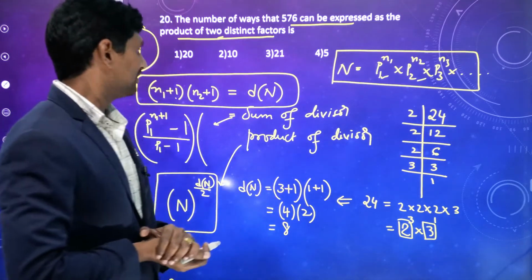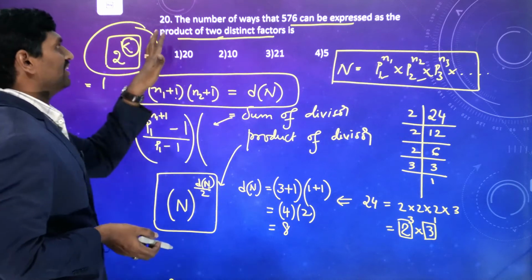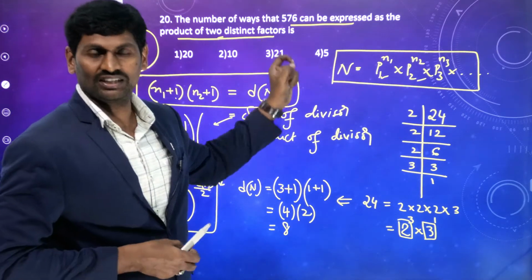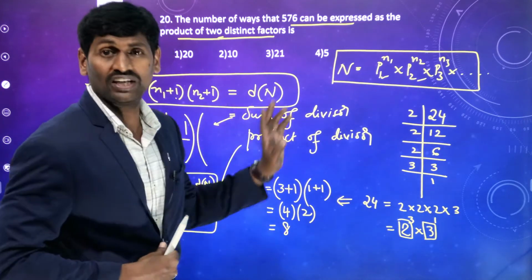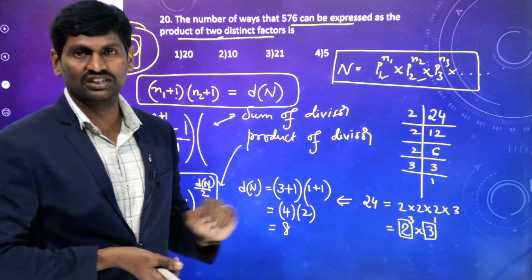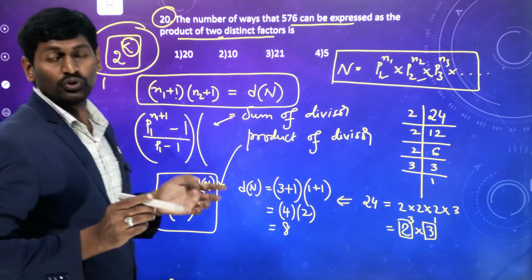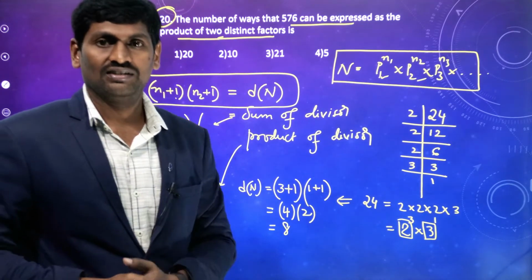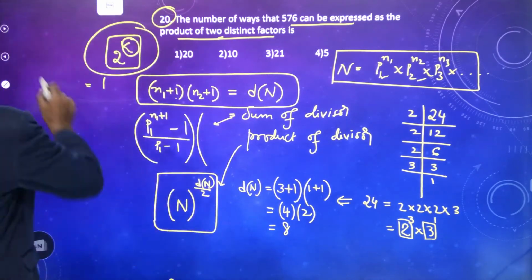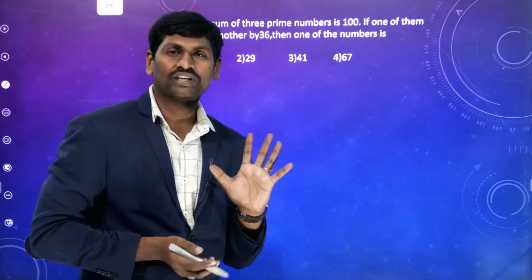So by using these contents, we find the number of factors or divisors of a composite number, the sum of divisors, and the product of divisors. This is the concept. I am not explaining this 20th question because we already completed it in our previous class. Now coming to the next question, the 21st, very important.